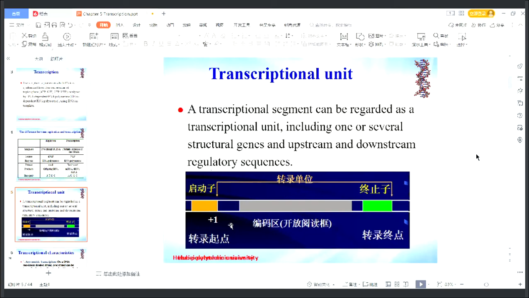From the promoter, the RNA polymerase binds here and moves to the positive one nucleotide, and begins to synthesize the RNA. Here, beginning the transcription.